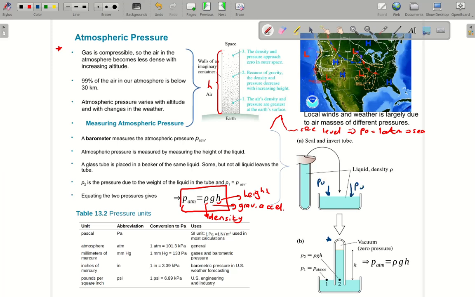When I put my container in, there will be a fluid pressure coming from here, air pressure out here, and the fluid will come out until the pressures at the same level are equal. So this is a very important fact here. Pressure of a liquid is equal at the same horizontal level.